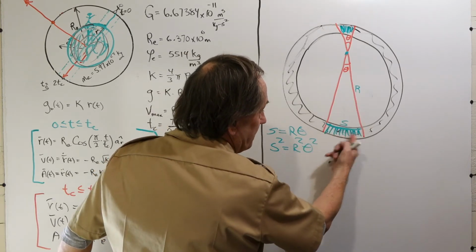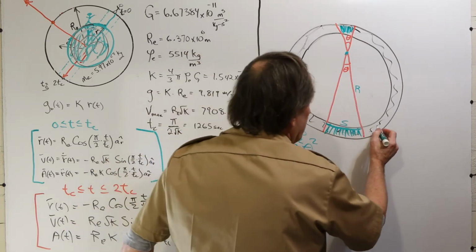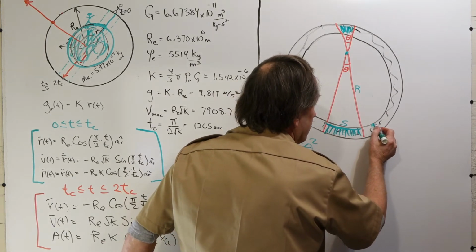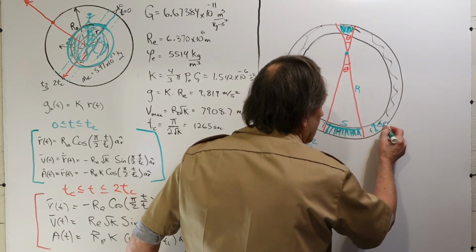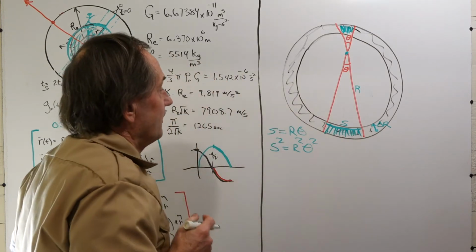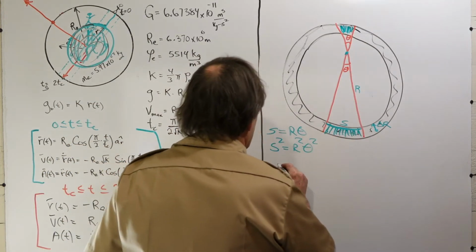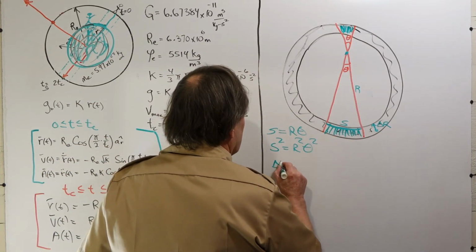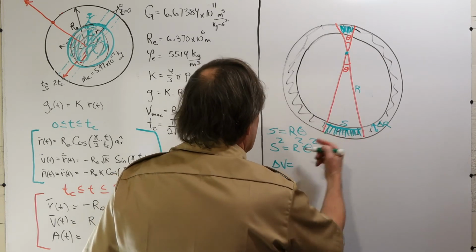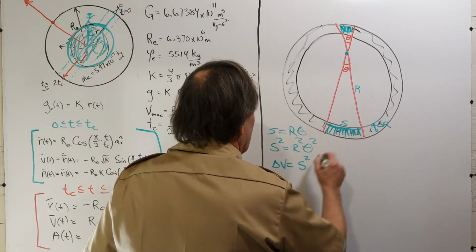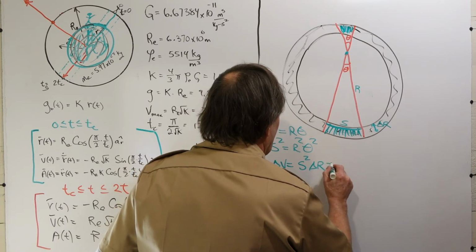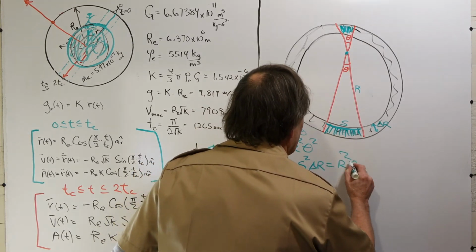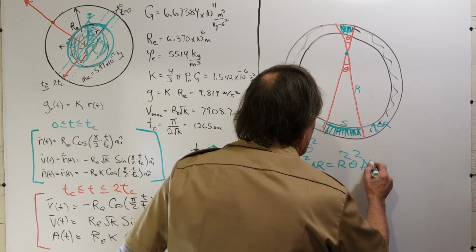And then if we have a certain thickness, let's just call it delta r, then the delta volume will just be s squared times delta r, or in this case r squared theta squared delta r.